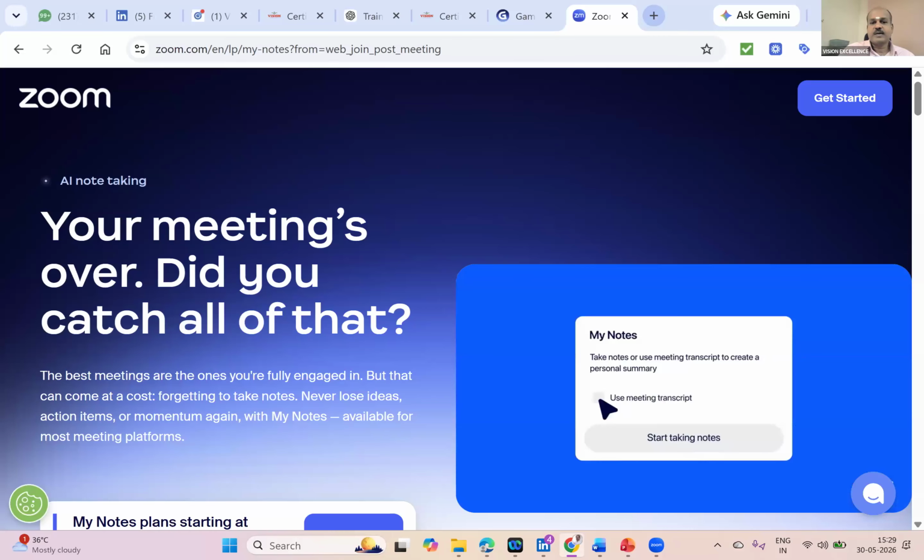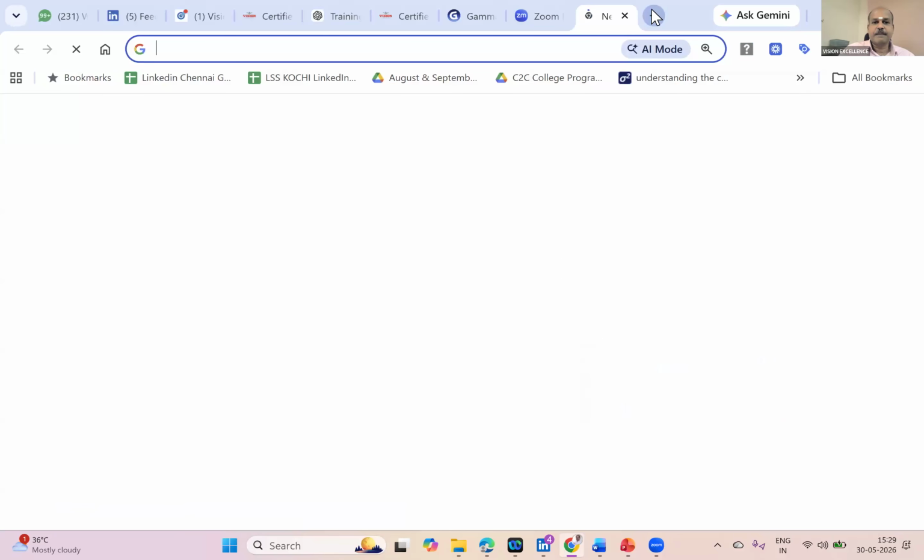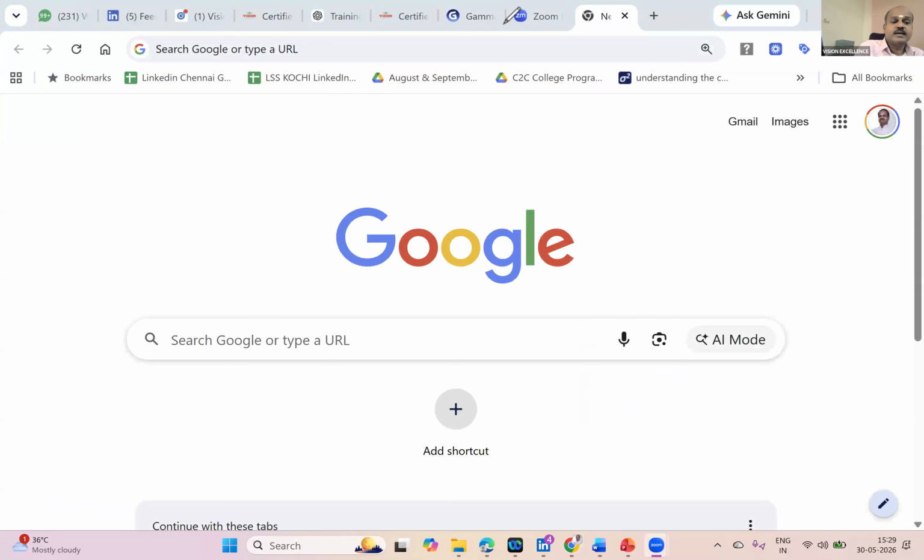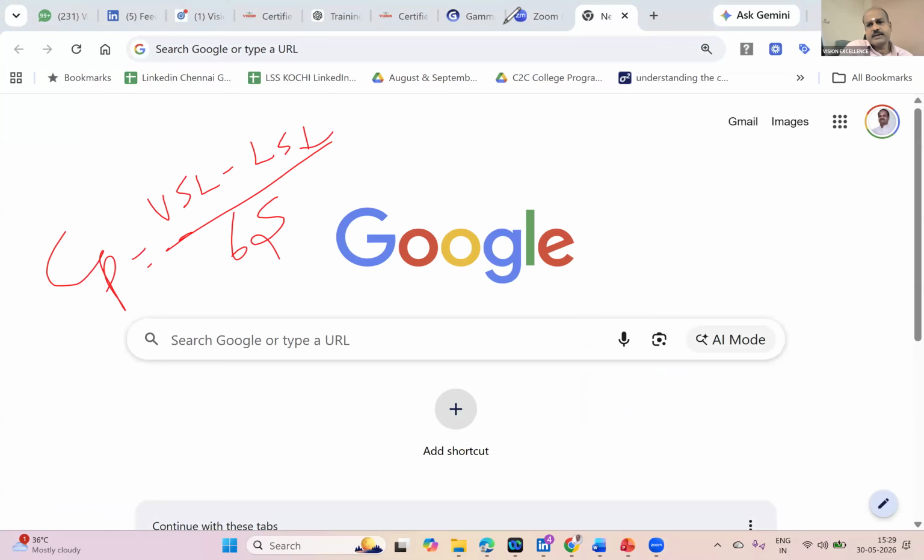Very good. I'm sharing the screen now. R bar by D2. CP is USL minus LSL divided by 6 sigma. And I hope you all know why I am writing s, right?